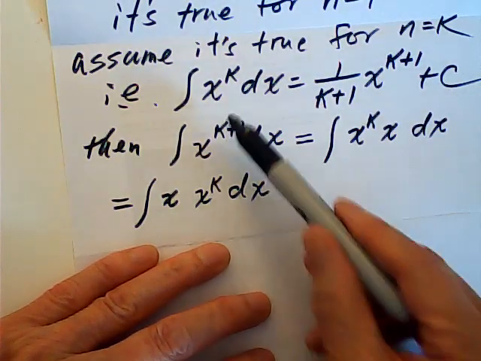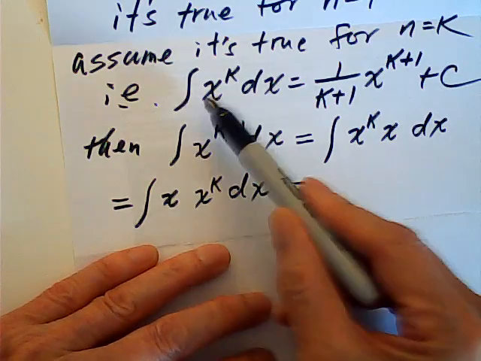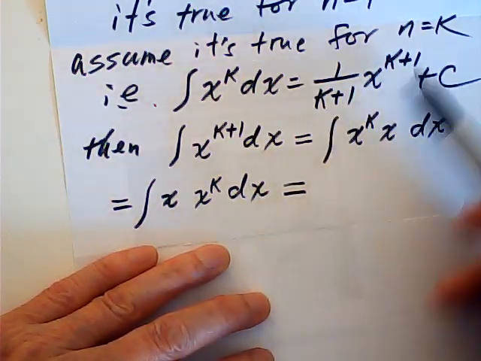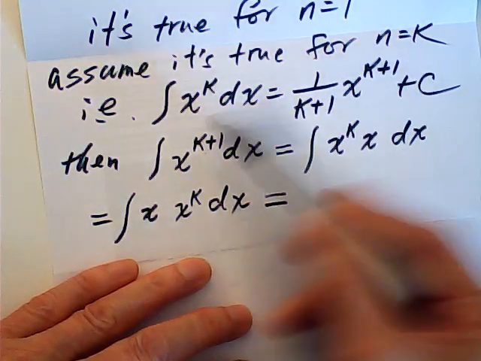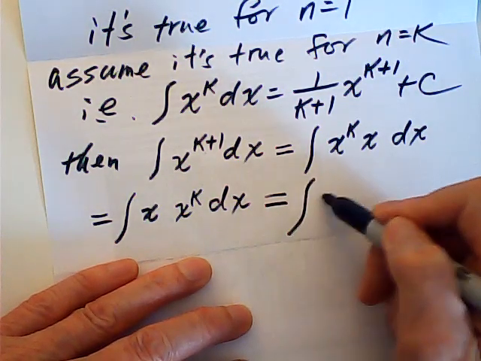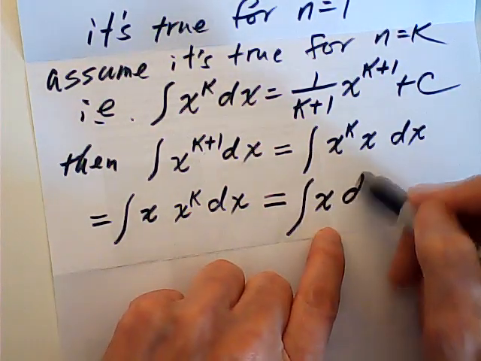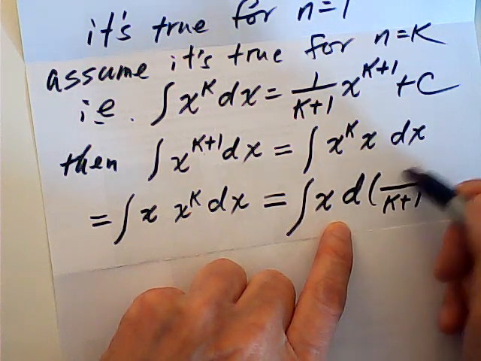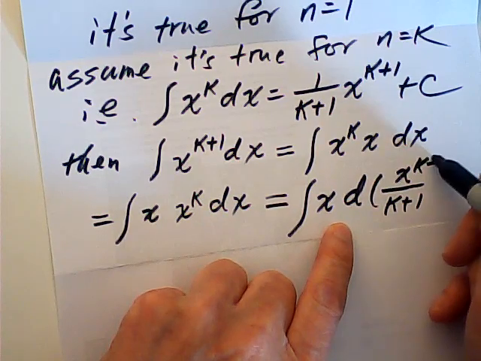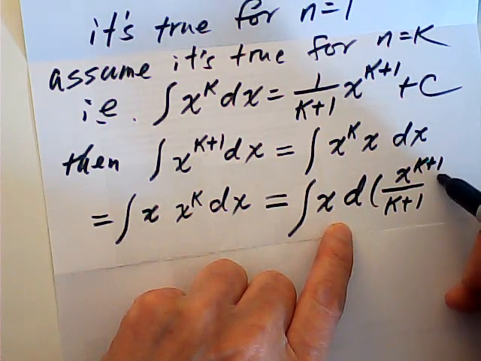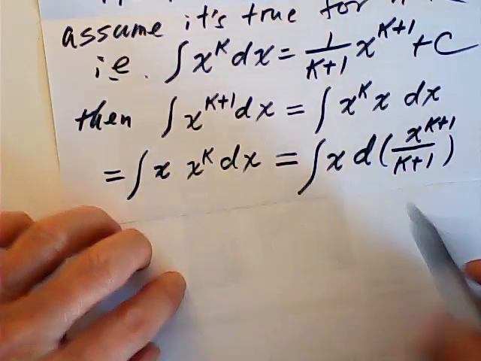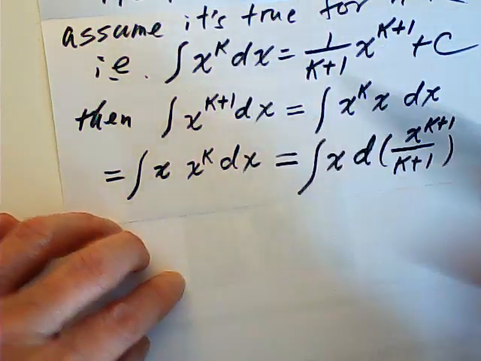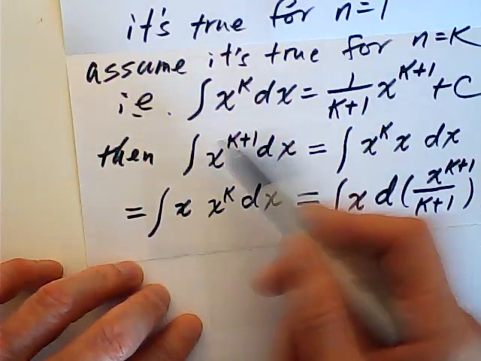Then, according to my assumption, the integral of x to the power of k dx is this. So that means this derivative is this. So which means x times the derivative of 1 over k plus 1 times x to the power of k plus 1. This derivative is equal to x to the power of k by assumption.